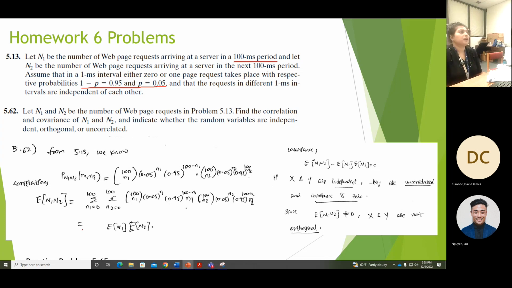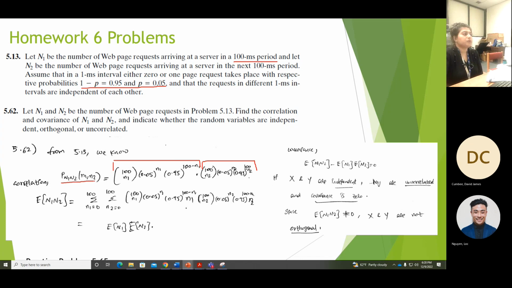So now we are assuming an interval of 1, and one of the pages takes a probability of 1 minus P and P. And what we are trying to find out is N1 and N2. So I have approximated N1 as a binomial random variable. You can do it Poissons. And N2 is also another binomial random variable. So this is binomial random variable number 1, and this is binomial random variable number 2.